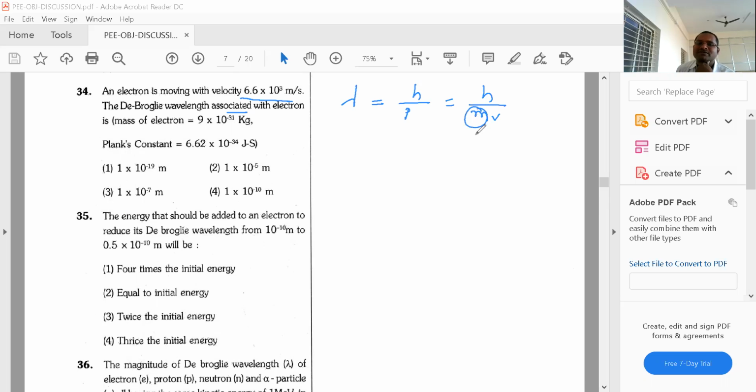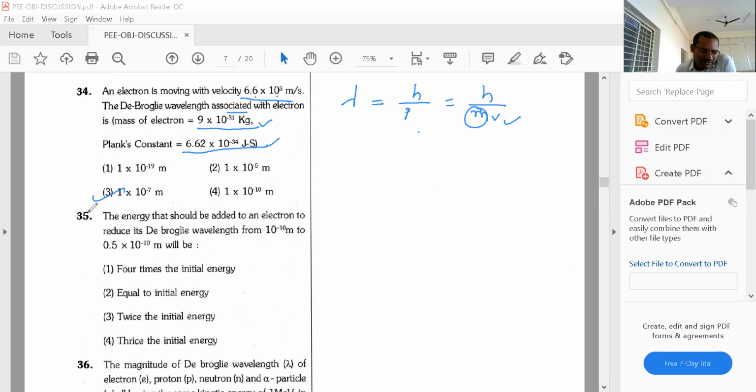Mass of electron is given; if not given also we know it is 9 into 10 to the power of minus 31 kg. Velocity is given, 6.6 into 10 to the power of 3 meter per second, and Planck's constant also they have given. If you substitute and calculate, you will get the answer 1 into 10 to the power of minus 7 meters.